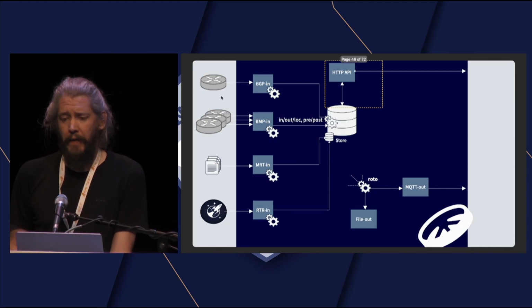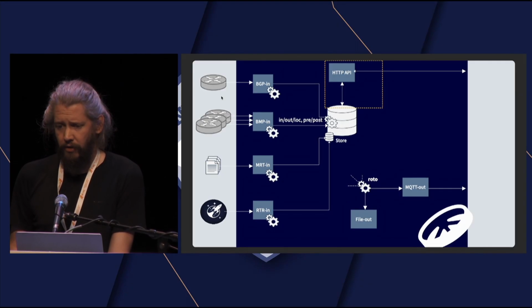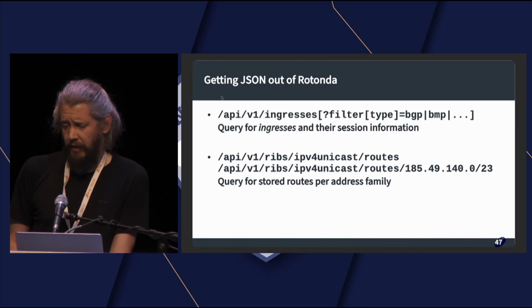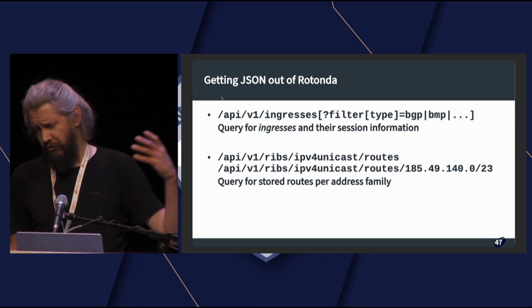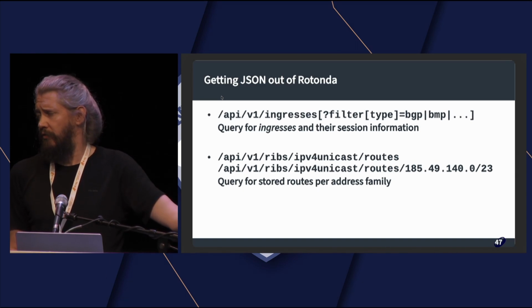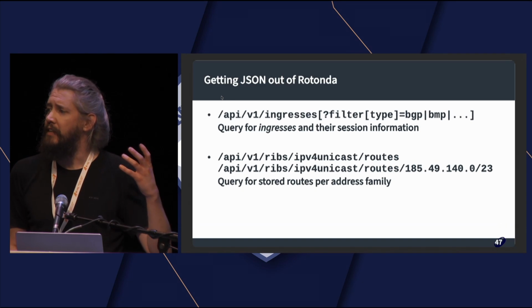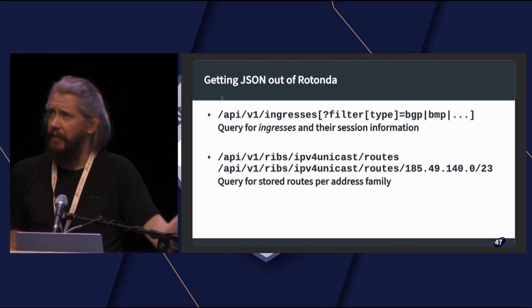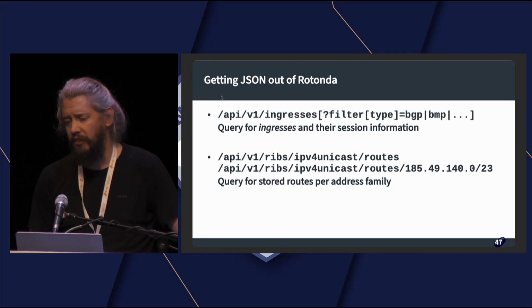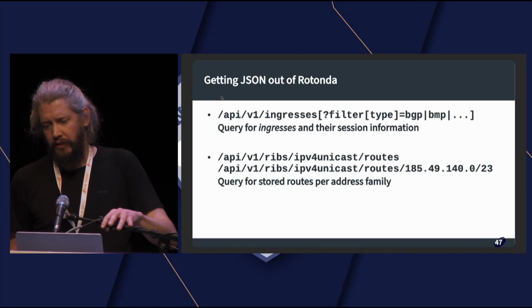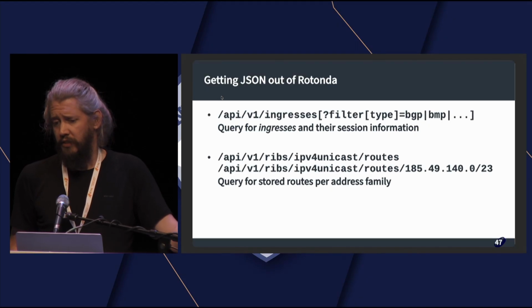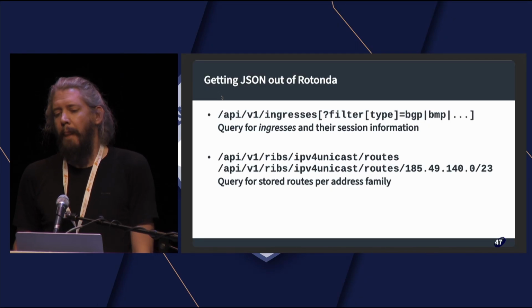So there. Then, how can we get data out? It's a typical JSON API. We just revamped this. You can ask information about ingresses. For us, a BMP session actually describes multiple ingresses for every BGP session that is monitored, etc., etc. But the interesting stuff is in the RIBs, routes, endpoints, where you can query for the prefixes stored.